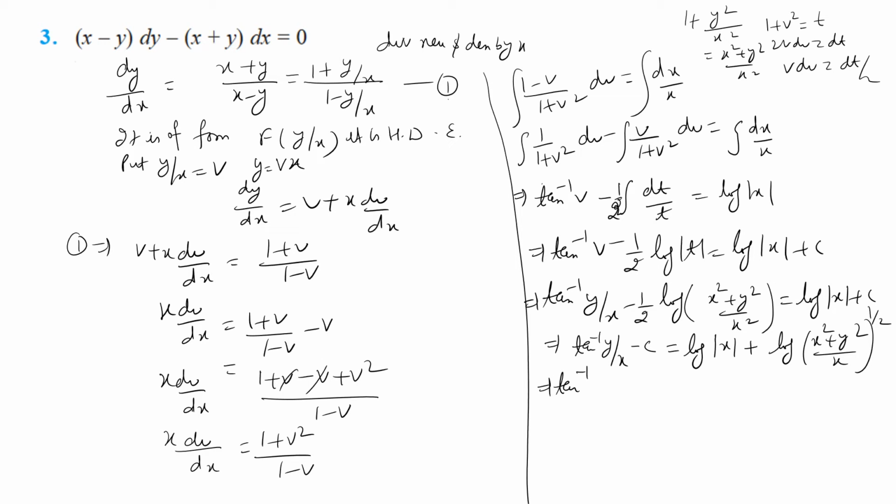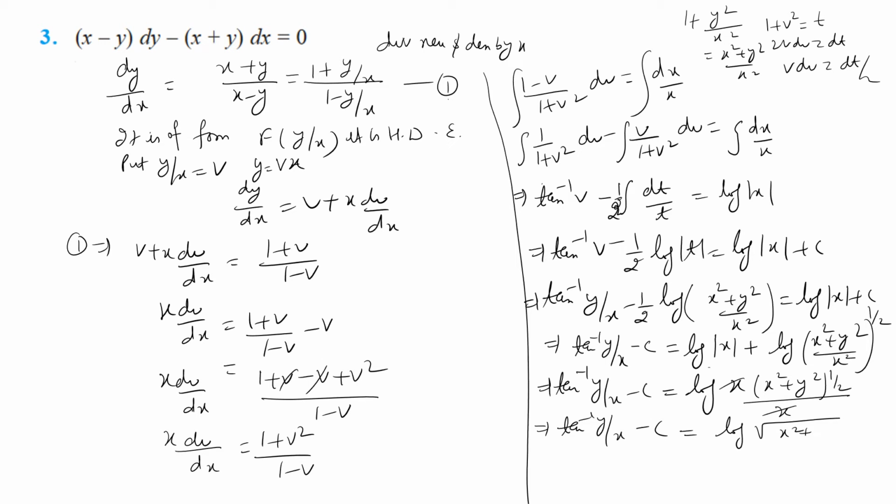So this becomes tan inverse y upon x minus c is, this is log a plus log b, so log of a into b. So as it was x square, x square raised to power 1 by 2 is x itself, so it will get cancelled here, right? So we will get tan inverse y upon x minus c is log of root x square plus y square.